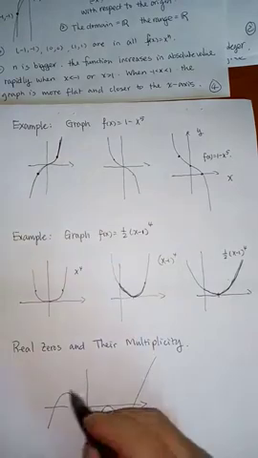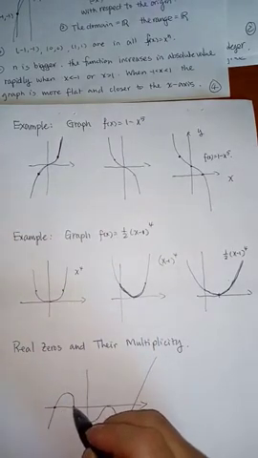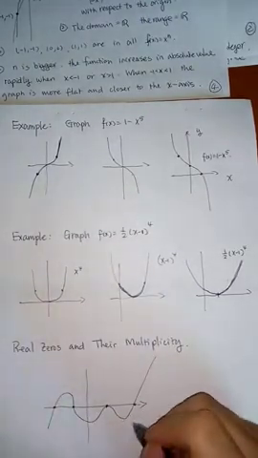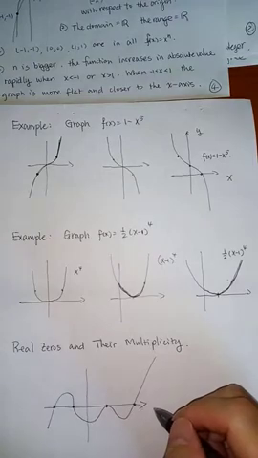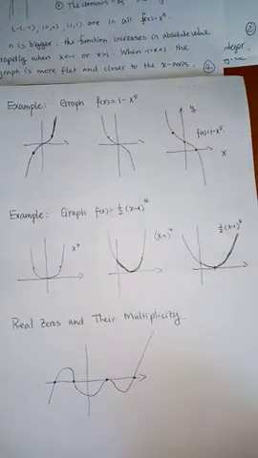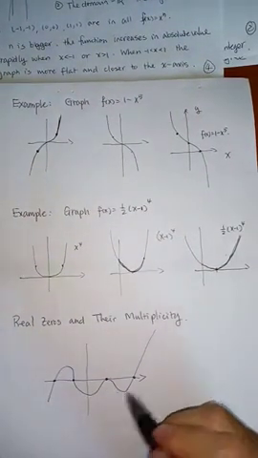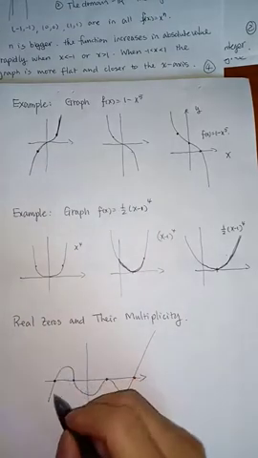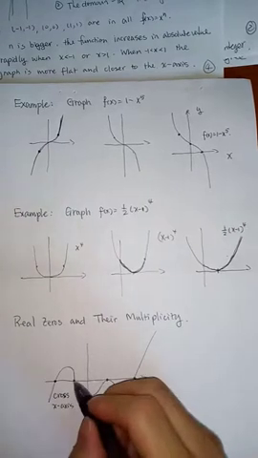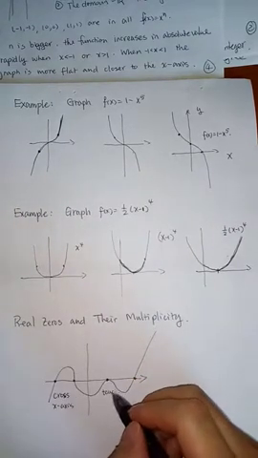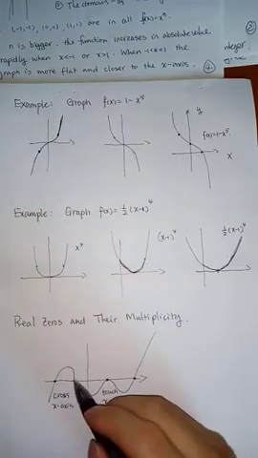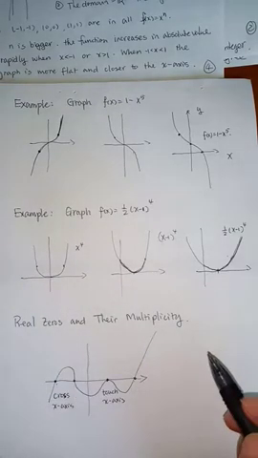Whenever you have a graph, you check the intersection point or the x-intercept, and at those points f(x) is equal to 0. Those values are called the zeros of the function. There are two types of zeros. One, we say this crosses the x-axis. Here we say it touches the x-axis. This is cross, cross, touch, cross.